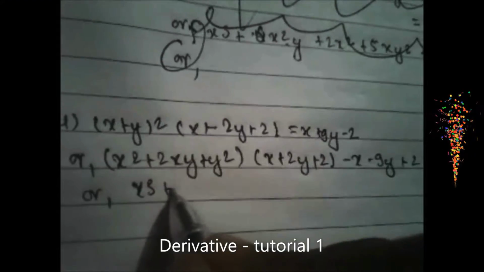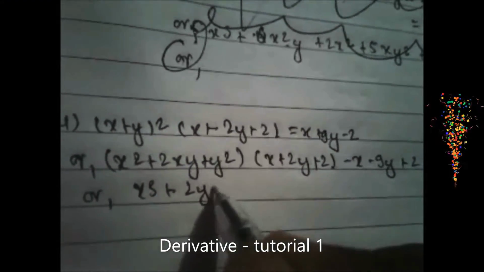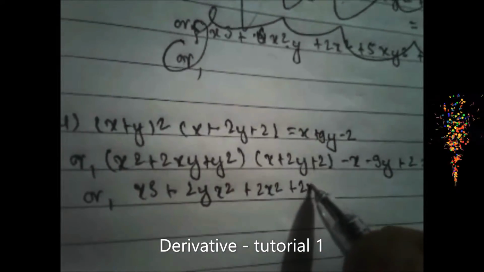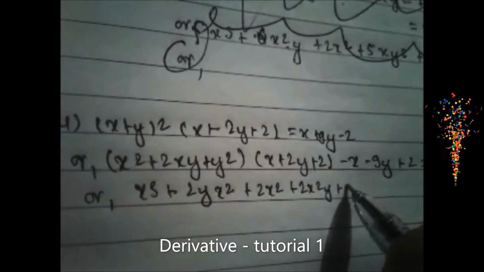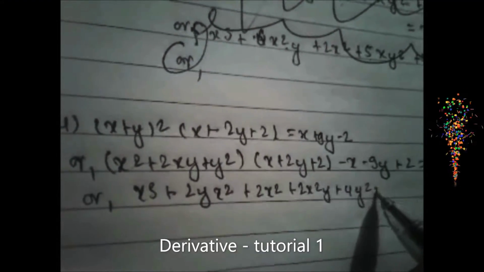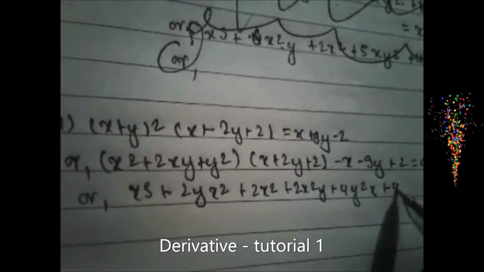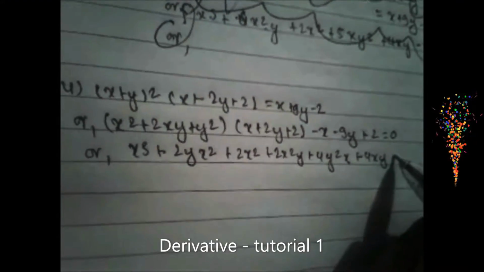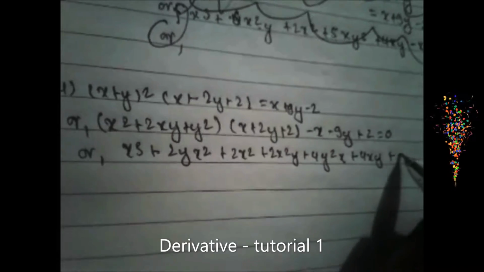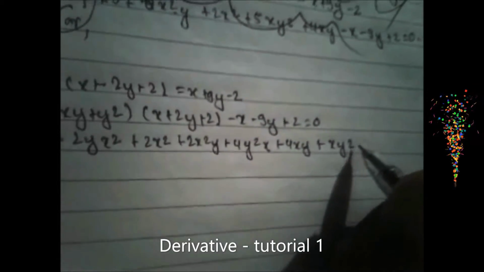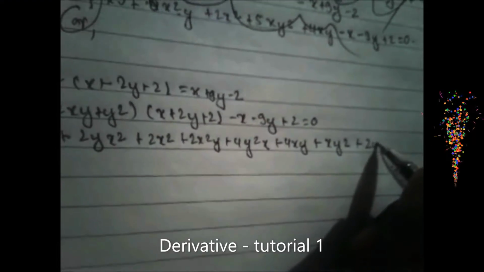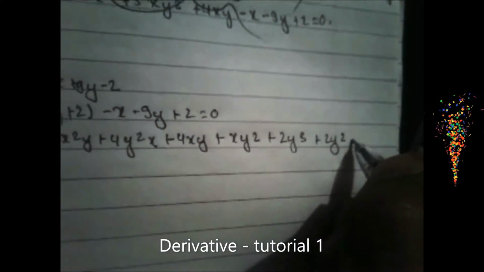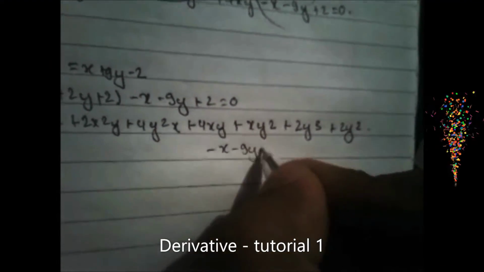Expanding, we get x cube plus 2y x square plus 2x square plus 2x square y plus 4y square x plus 4xy plus x y square plus 2y cube plus 2y square minus x minus 9y plus 2 is equal to 0.